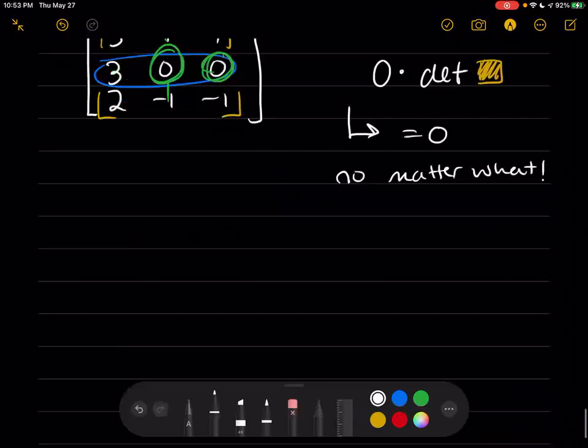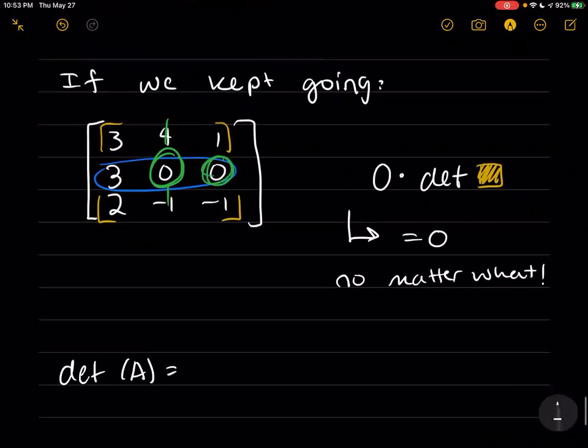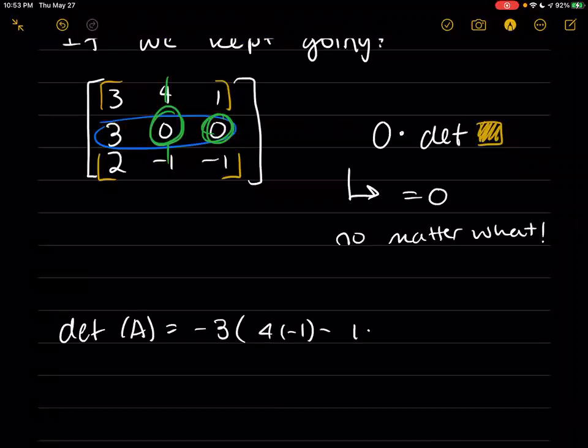Because the determinant of A is equal to the first thing we found. So that's going to be a negative 3 times 4 times negative 1 minus 1 times negative 1, plus 0 plus 0. They don't change anything.